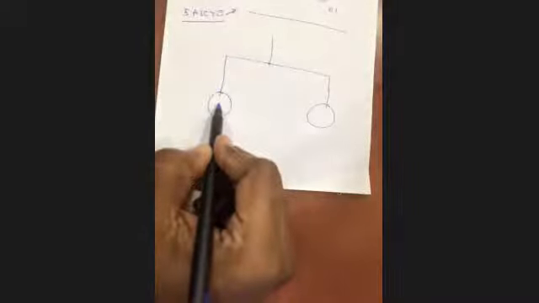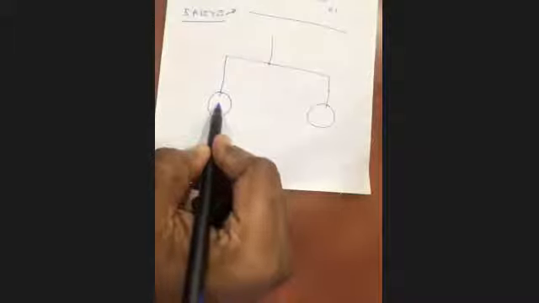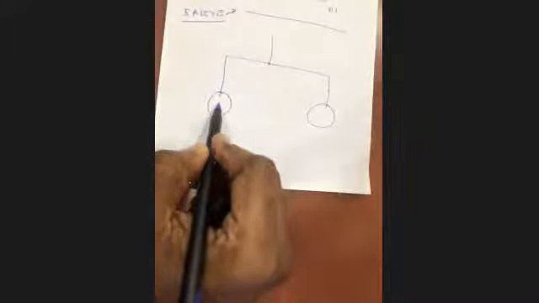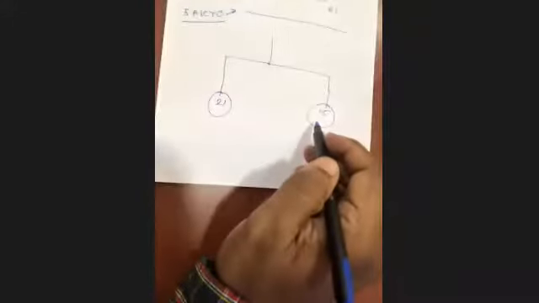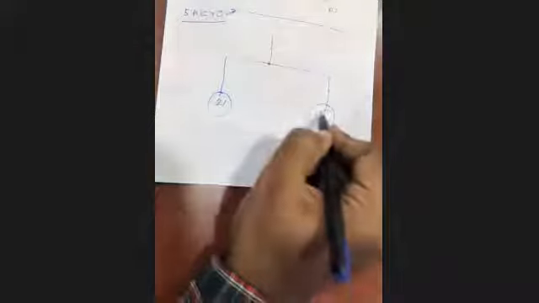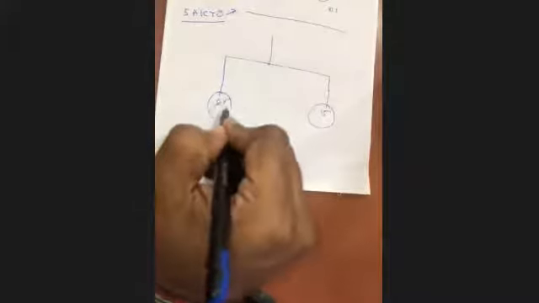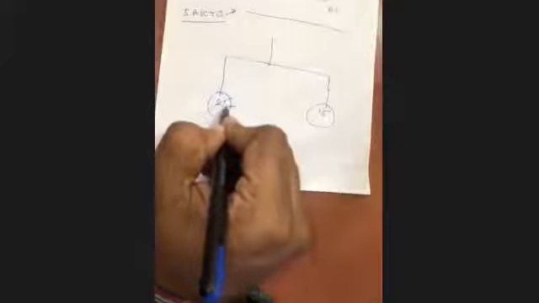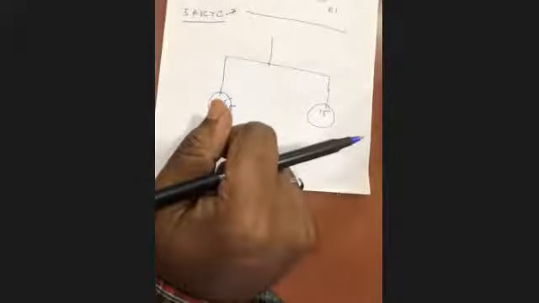On one side there is roll number 21, and over here roll number 15. Who will be the highest weight? Maybe the 15. So 15 comes over here and replaces 21. Now 15 will be over here.